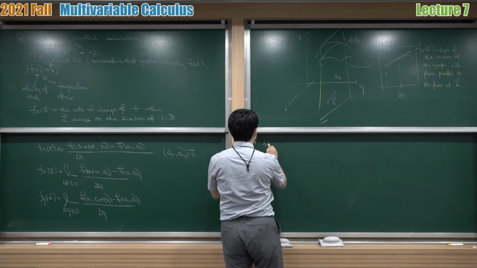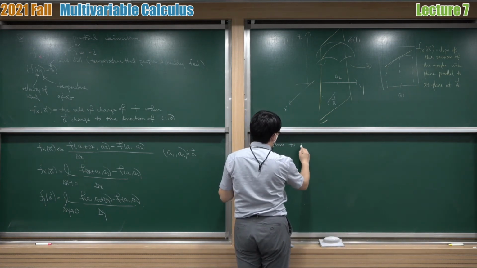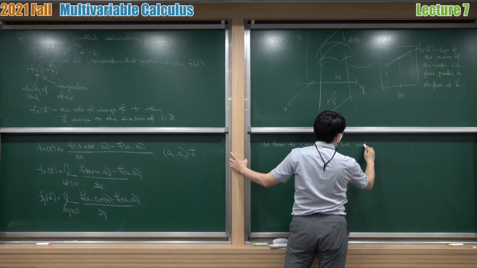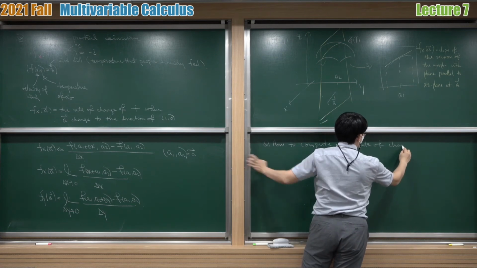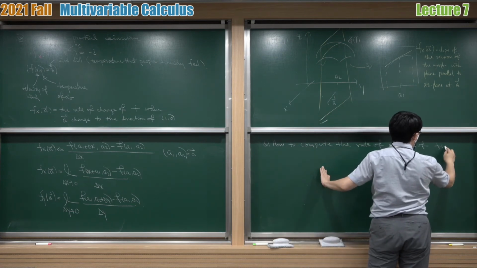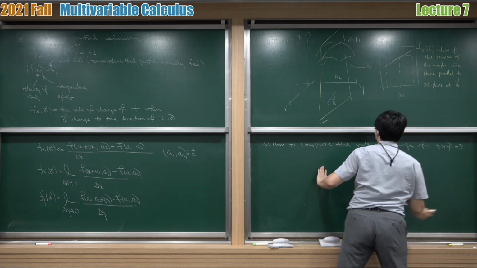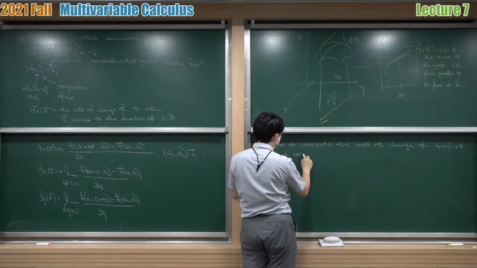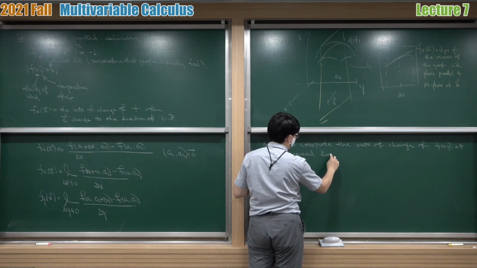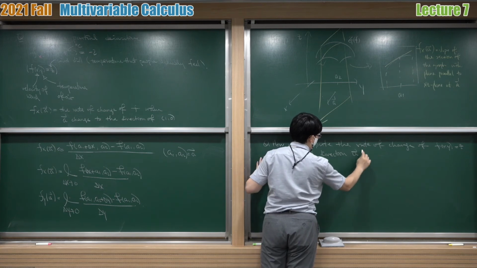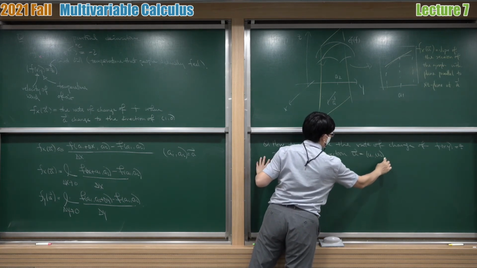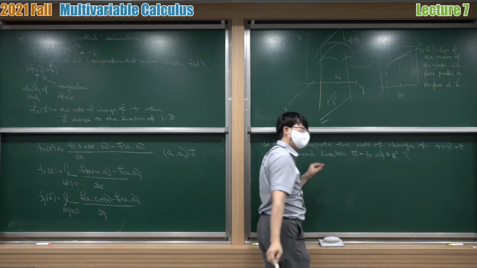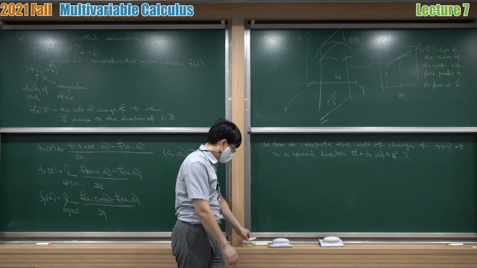The question is how to compute the rate of change of f(x, y) in a general direction u. Let's say u is a two-dimensional vector. How would you do that?